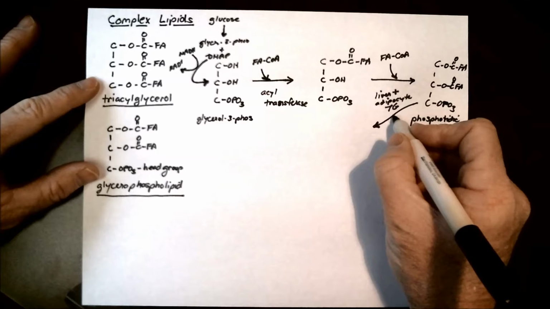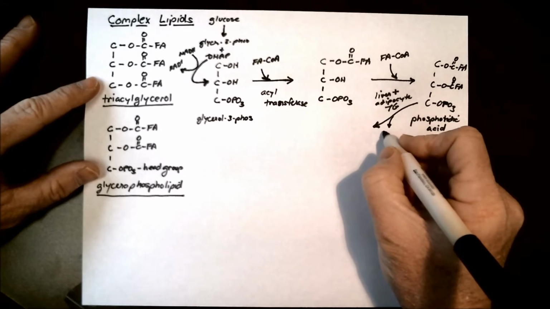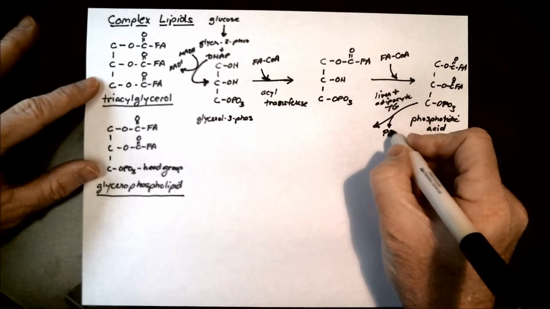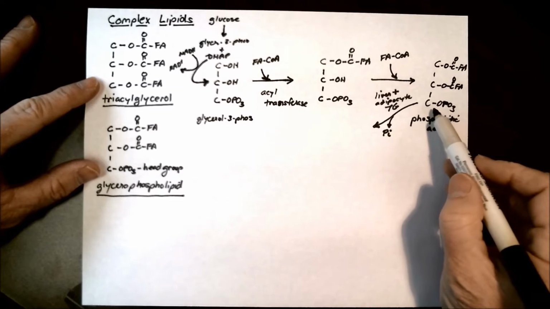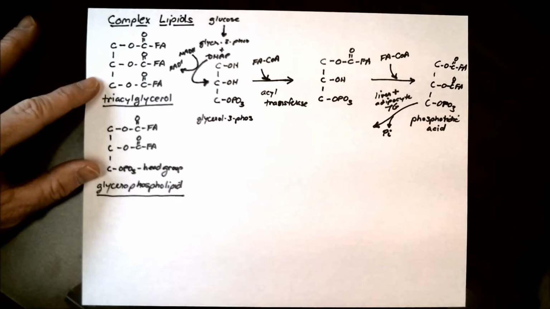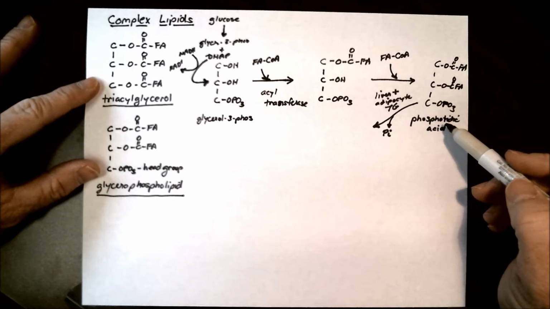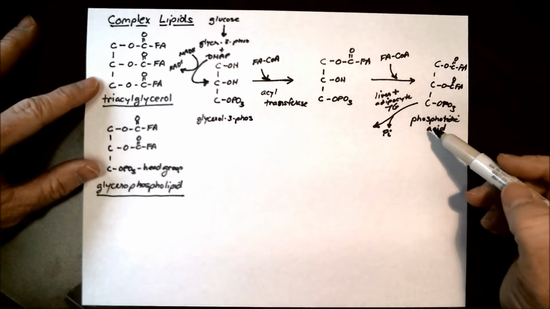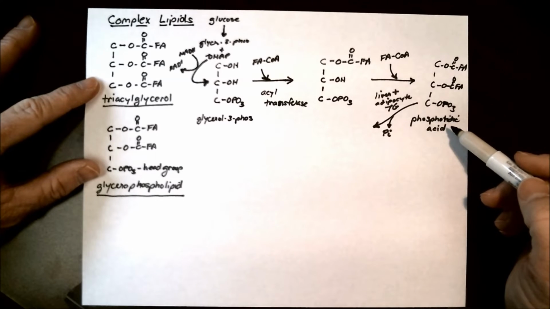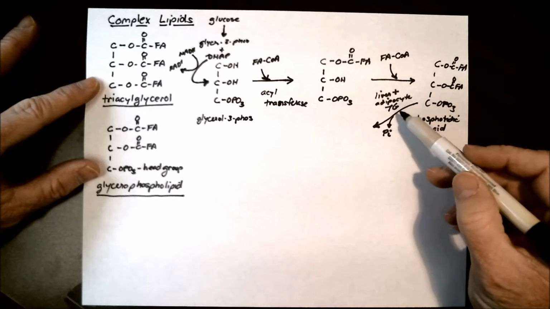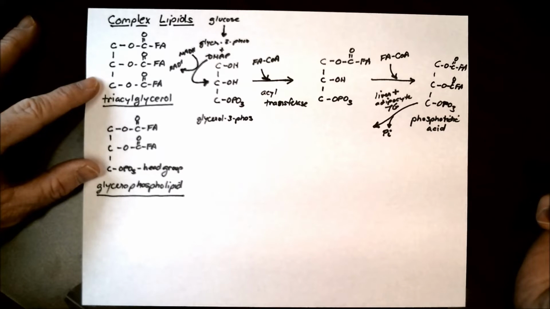So in this reaction, the first step is going to be removing the phosphate group from the number 3 carbon. This enzyme is called phosphatidate phosphatase, and this enzyme will be removing the phosphate group.